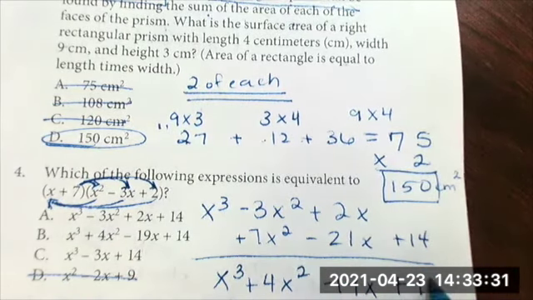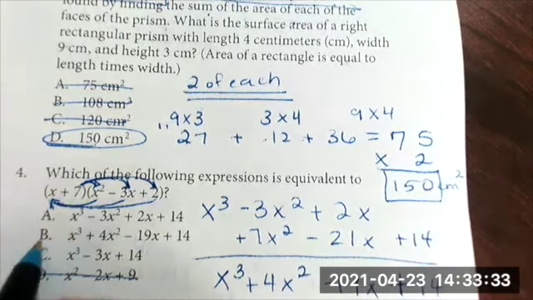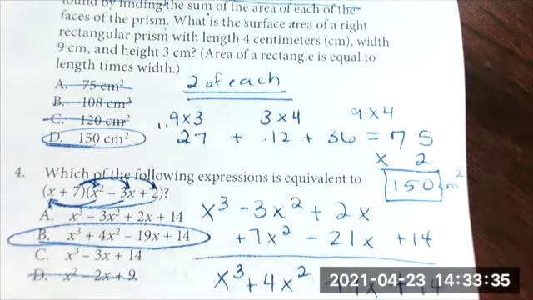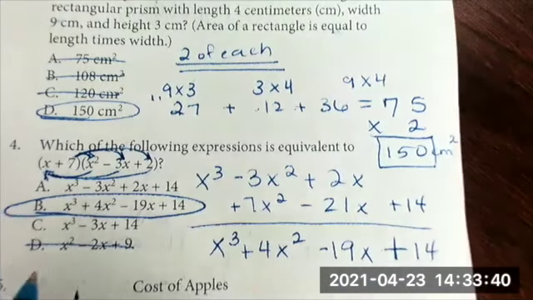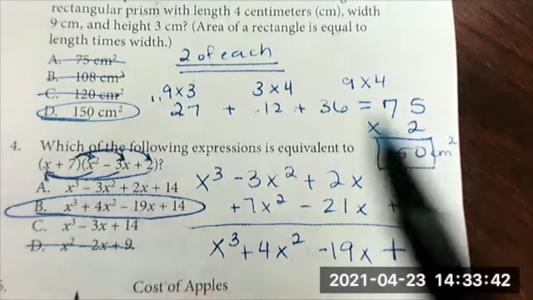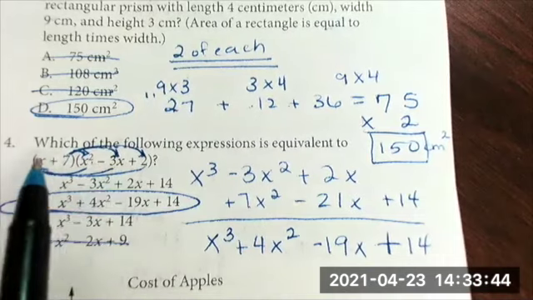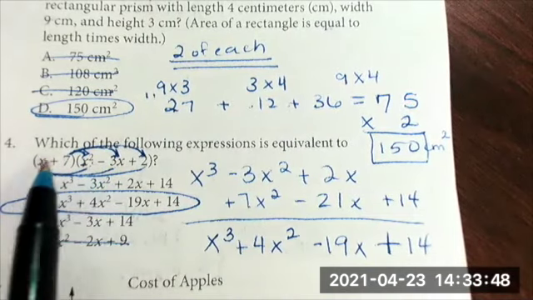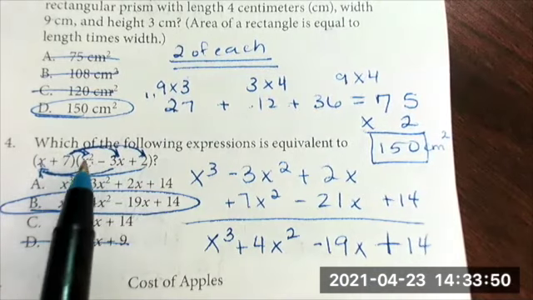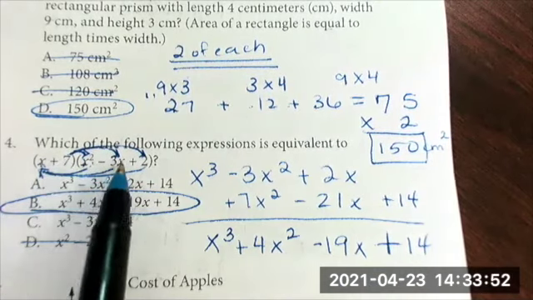And then don't forget that 14 at the end. And then that's your answer. Okay, this is distribute. Distribute all of them together. So this one with this one, first with first, second with first, third with first. Second with first, second with second, second with third.